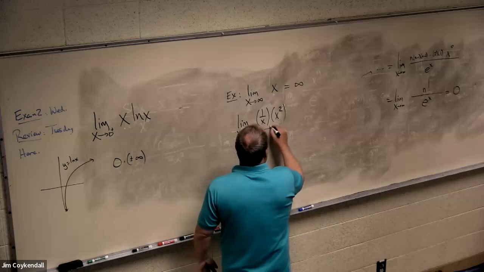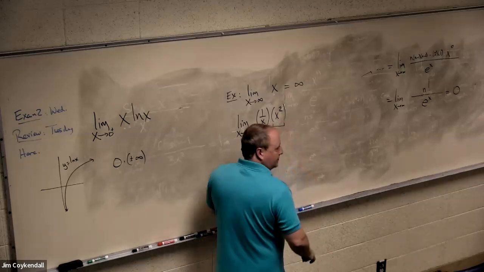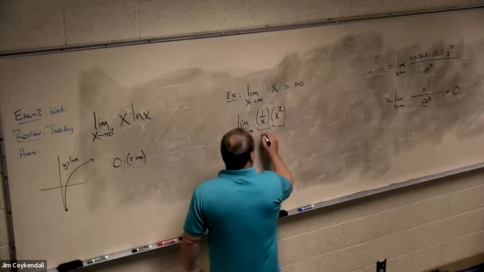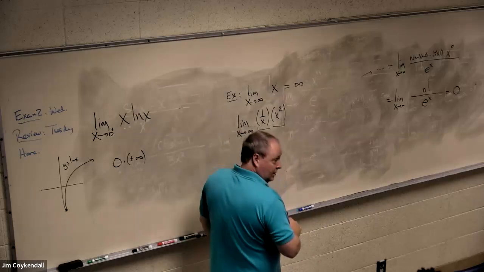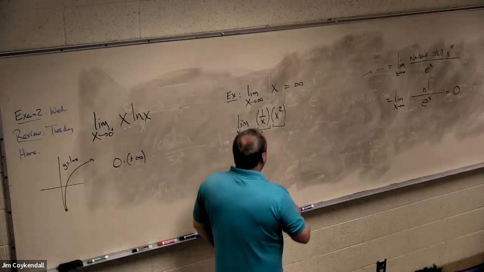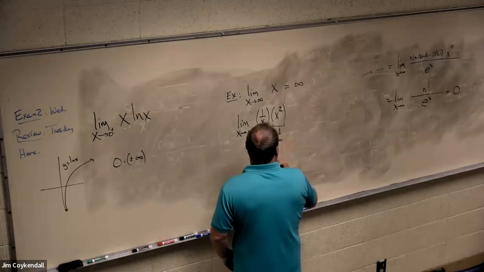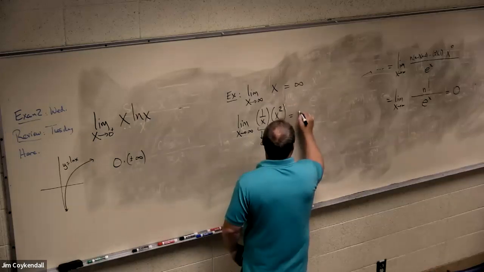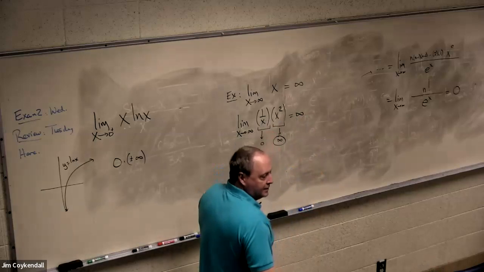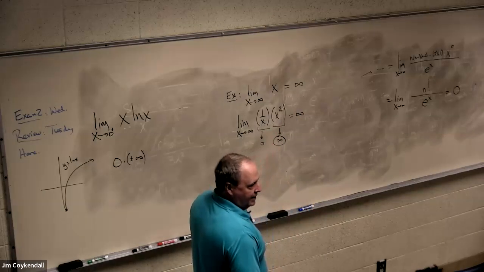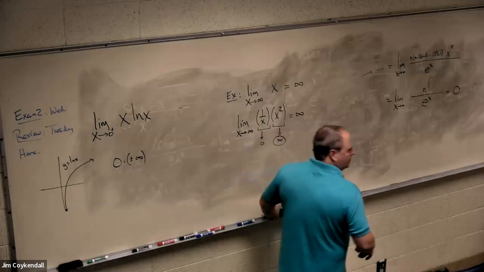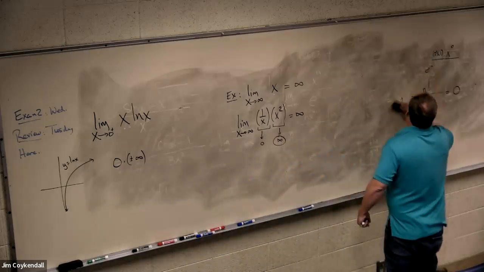Where's this piece going? This piece is going to zero, right? And this piece is going to infinity. Infinity wins the race. Everybody agree? One for zero.